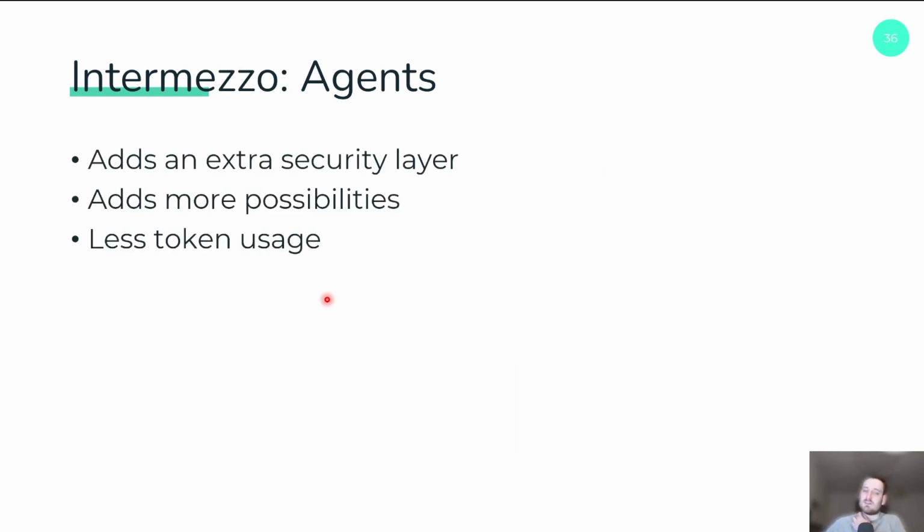So you can use agents for that. It also adds lots more possibilities. Instead of only doing the smart search, you can also, for example, call an API. If you have an API for your company and you want a GPT or chatbot that can answer questions about data that you can retrieve from this API, you can do that.